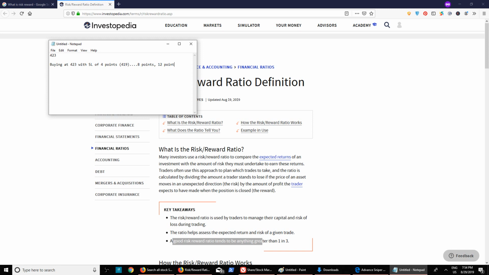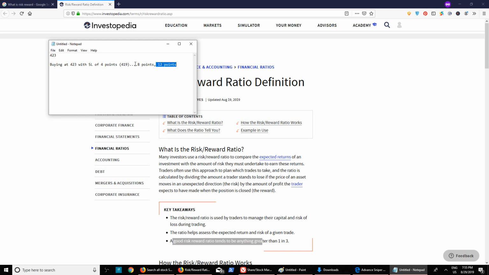Now how did I calculate this? 4 points is your stop loss, that is a risk of 1. Whenever you say 1:2, your target would be exactly double this stop loss points. So 4 into 2 would be 8 points, and for 1:3 risk reward, risk is 4 but reward is 12 points. So this is 1:2 and 1:3.